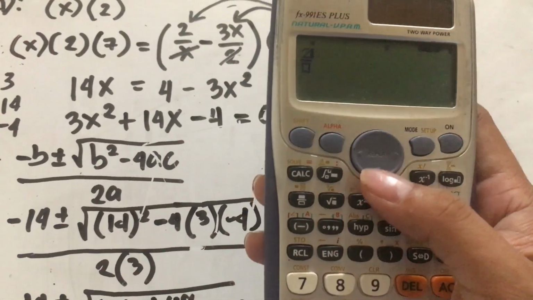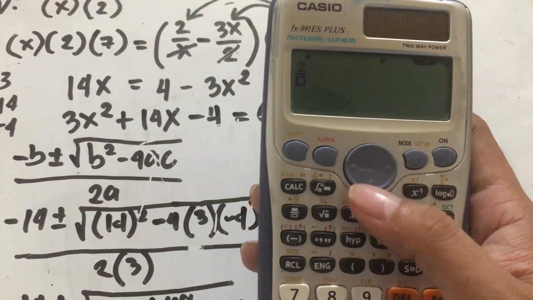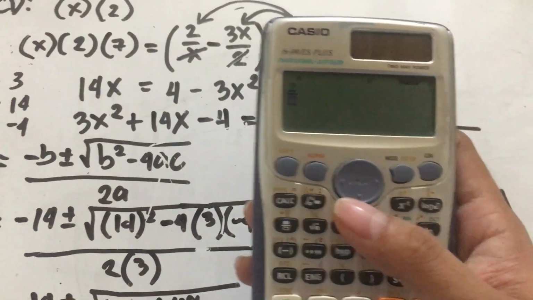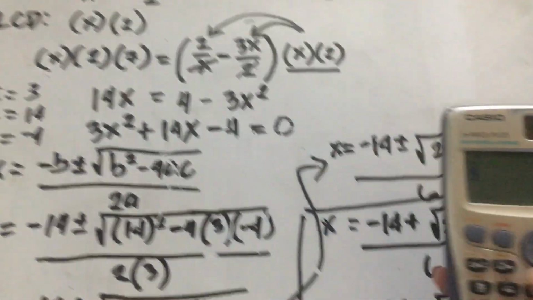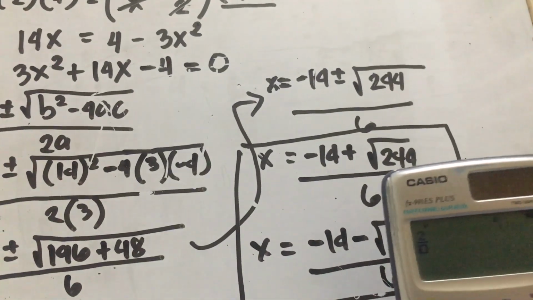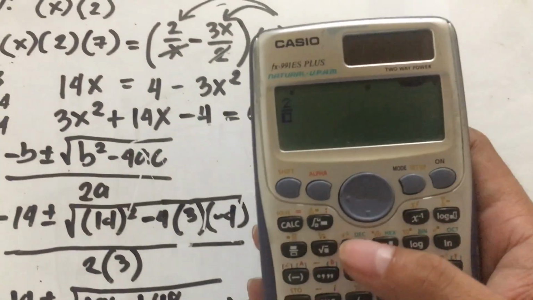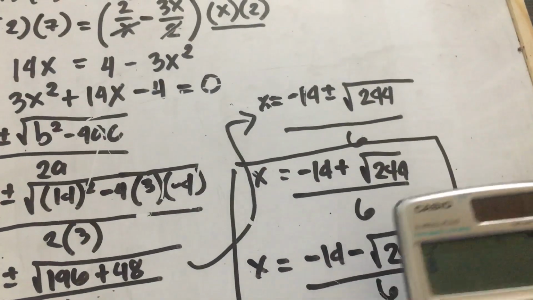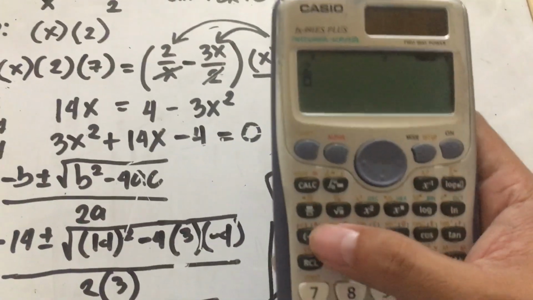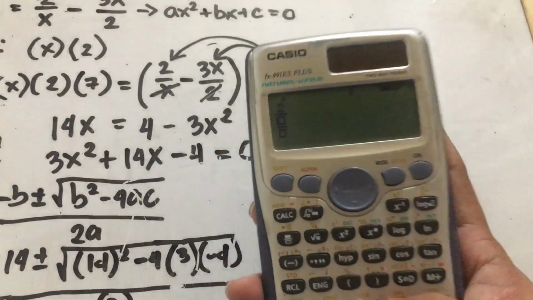So the x here, I will put at the bottom. The x here is, again, negative 14 plus square root of 244. So practically this is already also a fractional form. So I will also click the fraction, that one.